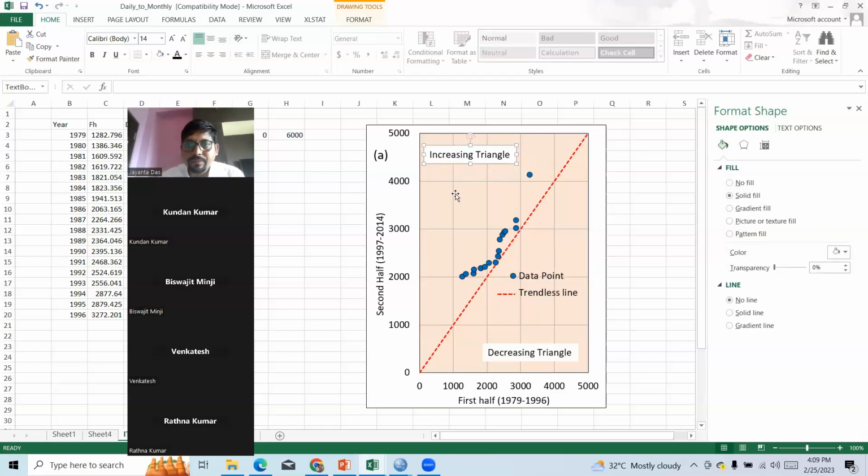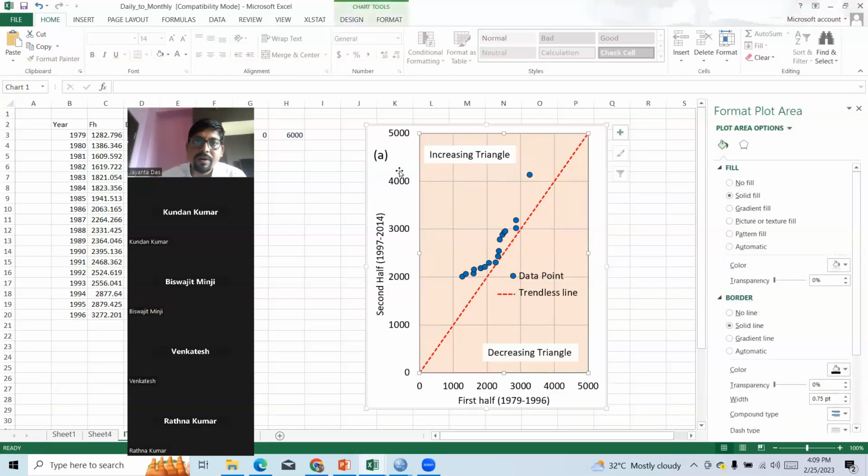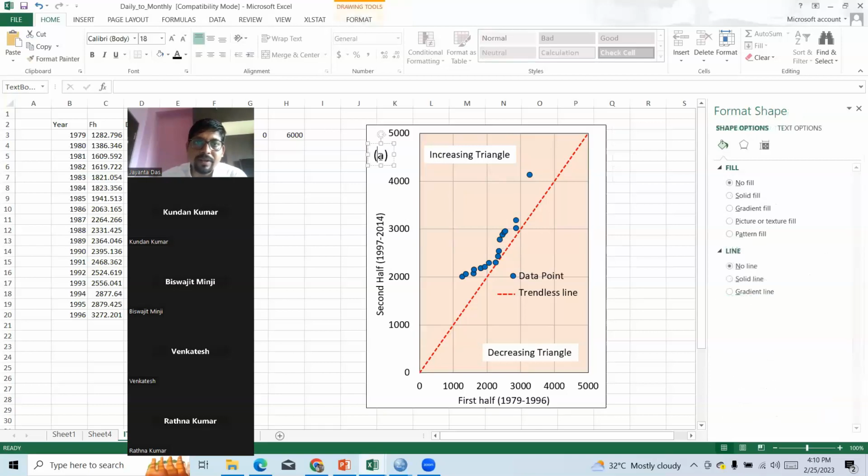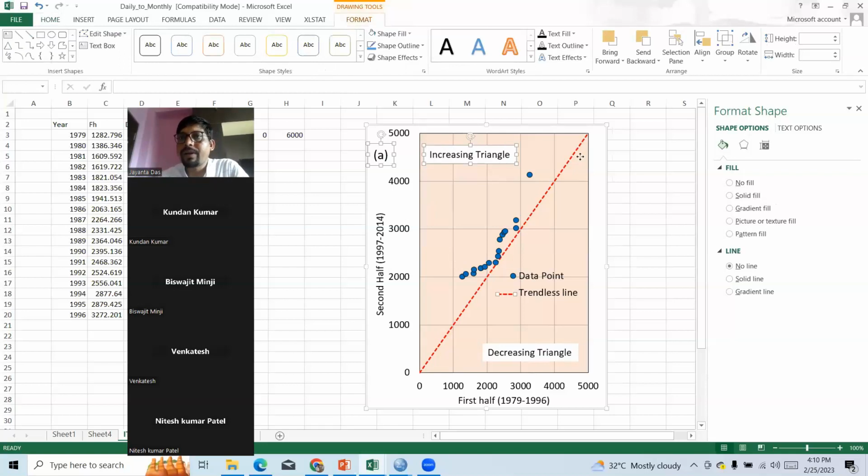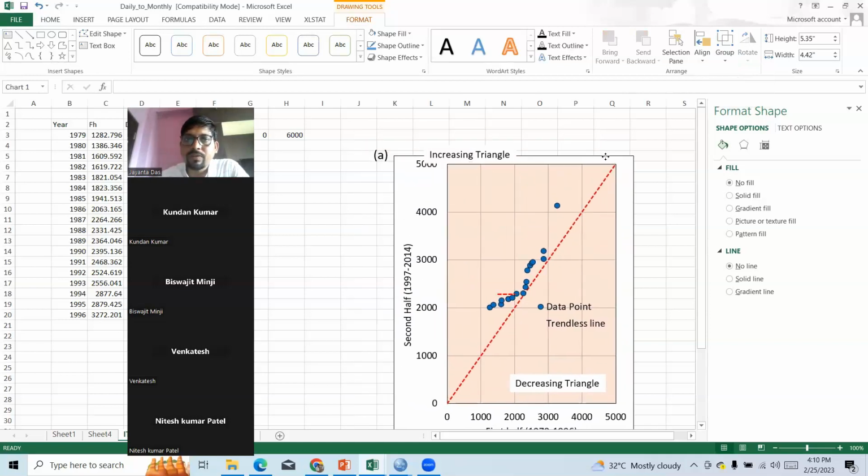Now, just select all. Select one by one element. Main element is there. Select one. Press Ctrl button, then select next one. No, you have to select Shift button. Select this. This line. Select this. Now, format. We can make a group. Now make it group. Yeah, now it is group.